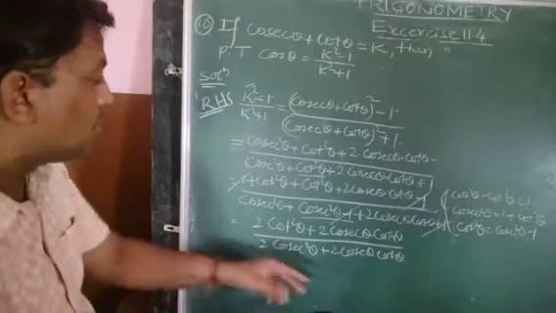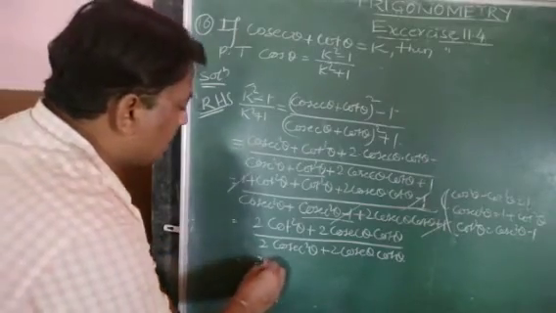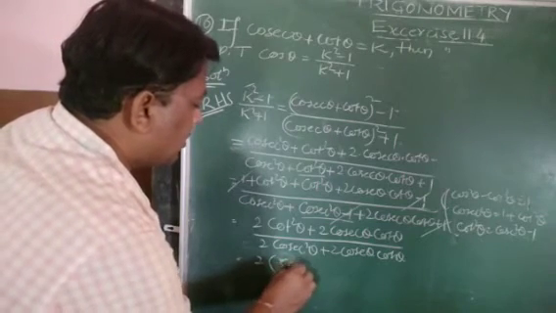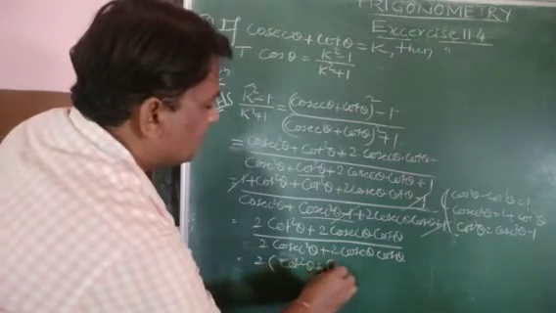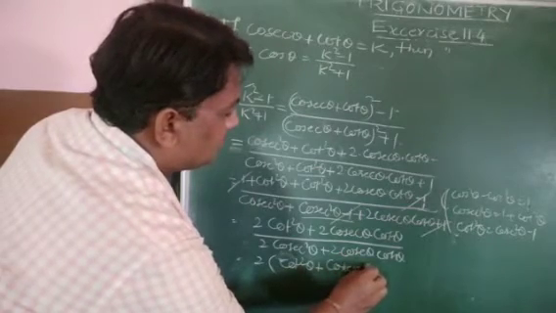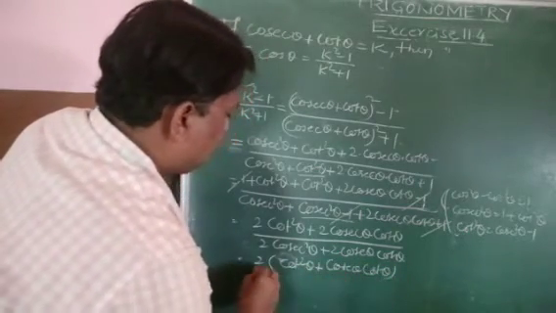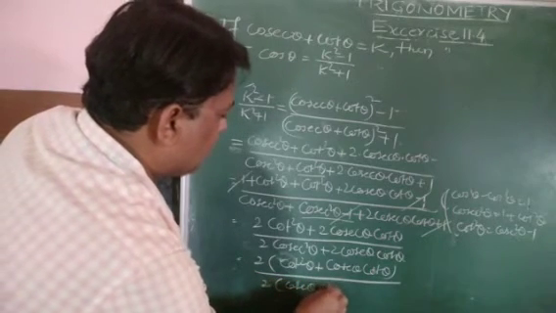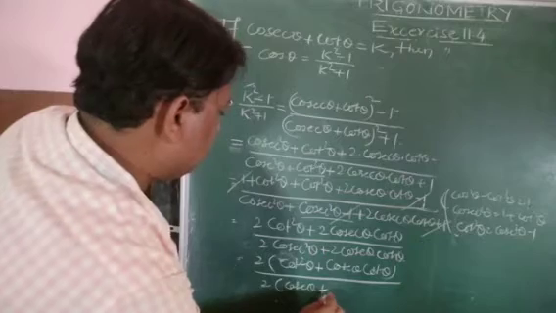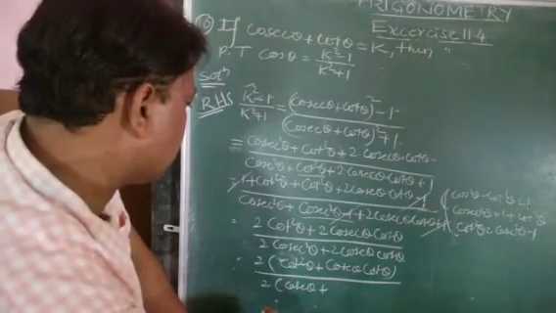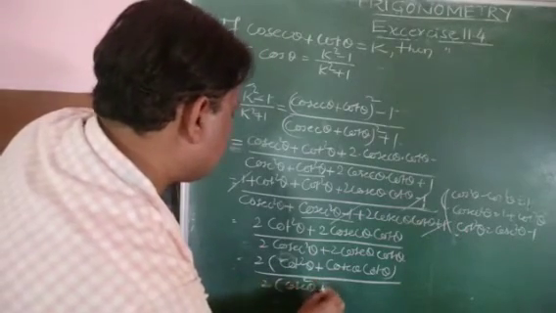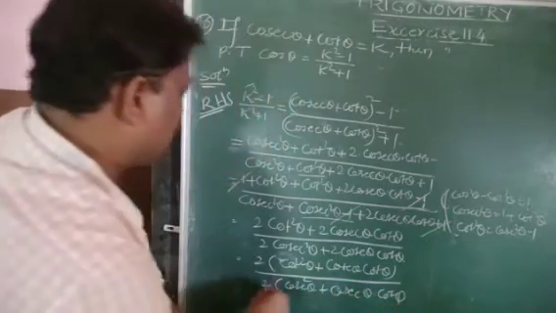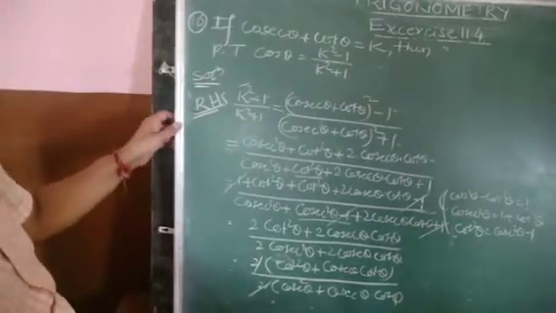Now 2 is common, so you can write 2 into cot square theta plus cosec theta cot theta, divide by 2 into cosec square theta plus cosec theta into cot theta. 2 cancels, children.